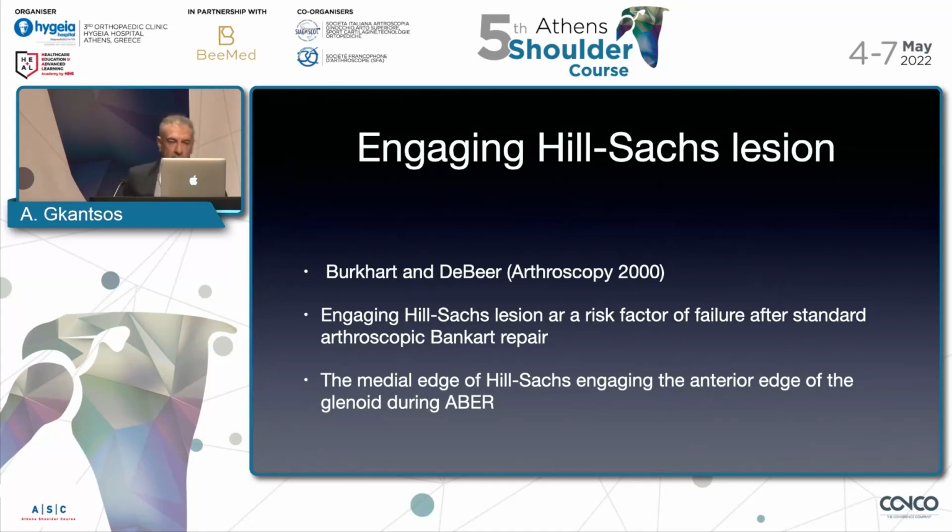We can see it arthroscopically if we put the arm in a 90-90 position, and the humeral head is falling anterior to the glenoid rim. We must say that every Hill-Sachs lesion is an engaging lesion at some point of time, but this has to do with the size of the lesion.